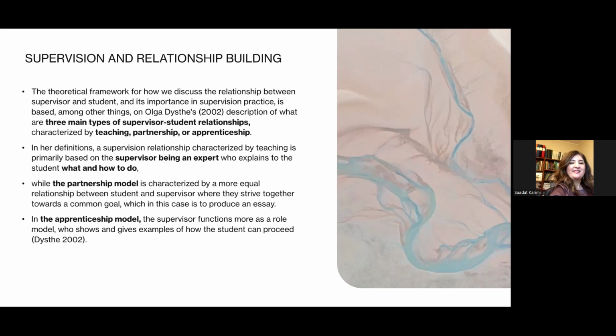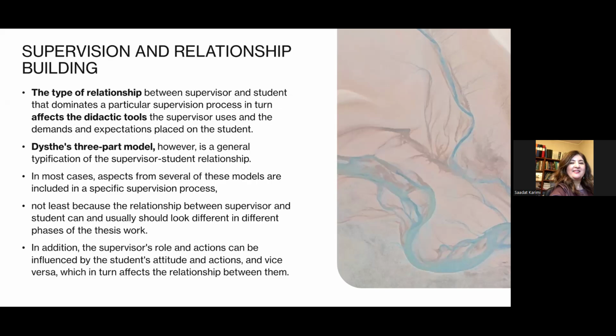So the type of relationship between the supervisor and student that dominates a particular supervision process in turn affects the didactic tools the supervisor uses. And it affects all the demands and expectations placed on the student. This three-part model, however, is a general typification of the supervisor-student relationship.